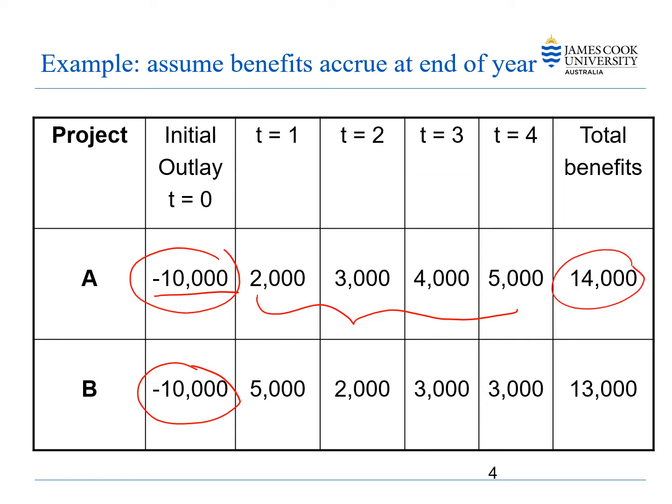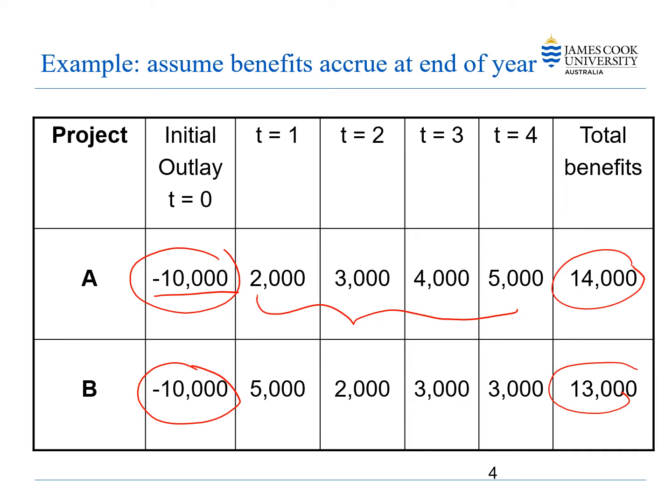For project B, year 1 has a cash inflow of 5,000, year 2 2,000, year 3 3,000, year 4 3,000, and the total benefits are $13,000.